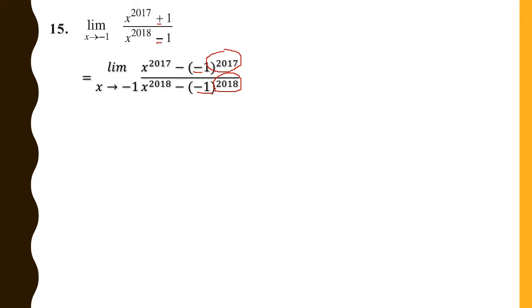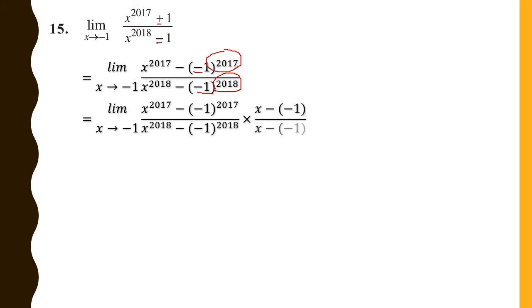In the next step, what we are going to do is add the x negative 1 divided by x negative 1. Why? Because you know our format which we have been using many times. According to that format, I must do this with this sum to solve it. Limit x tends to negative 1, x raised to 2017 minus negative 1 raised to 2017.